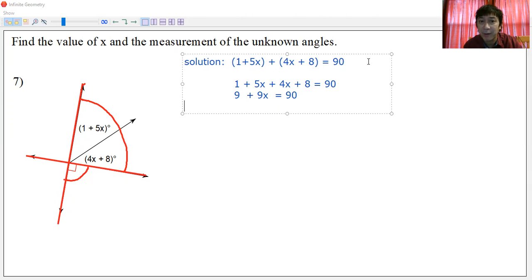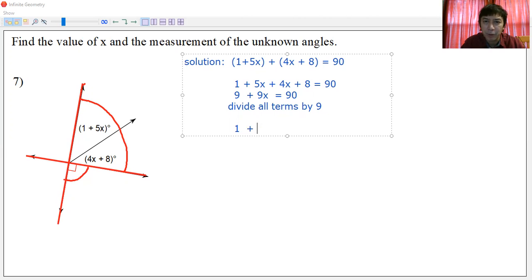The result will be 1 plus x equals 10. Dividing 9 by 9 becomes 1, dividing 9x by 9 becomes x, and dividing 90 by 9 is 10. And we are working with smaller numbers now.